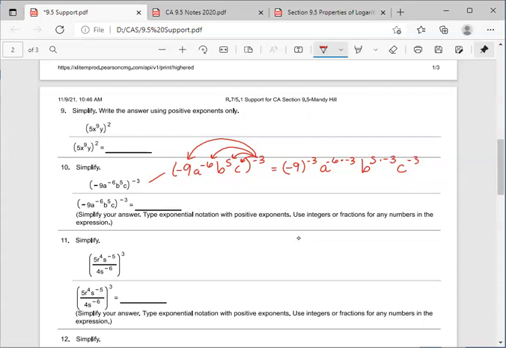Okay, the next thing you need to do is it's okay to go ahead and type this in your calculator. If you type in negative 9 and do the carat negative 3, it's going to give you a really strange decimal answer.